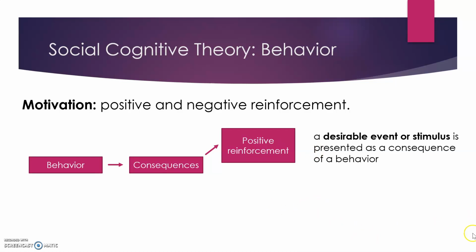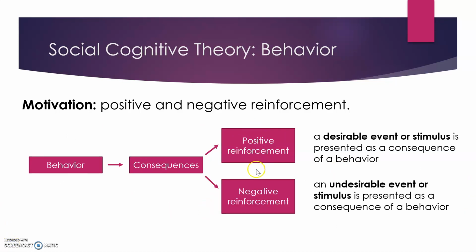So this good grade will serve as this positive reinforcement. And in contrast, this negative reinforcement is an undesired event or consequence you foresee after enacting an action or behavior. So that is a potential punishment or penalty you expect of engaging in a wrong behavior.